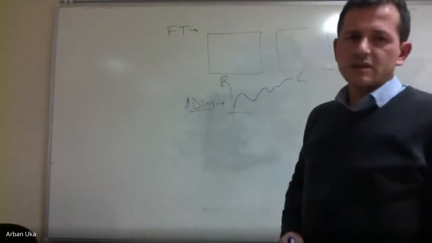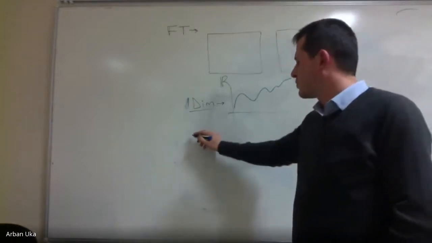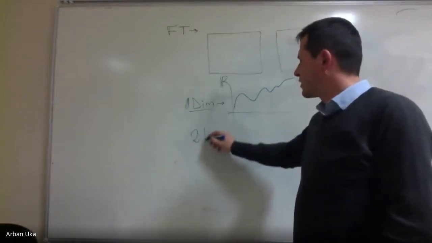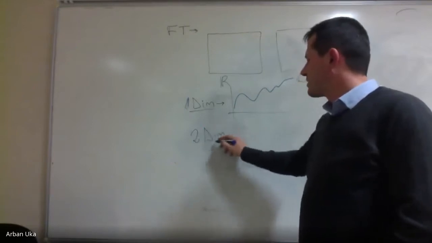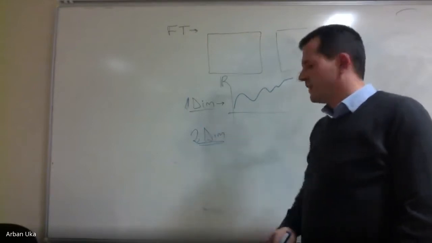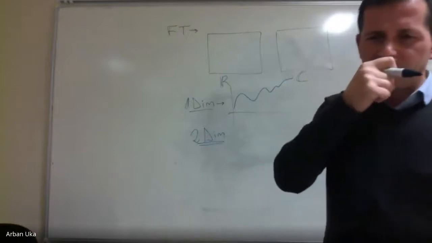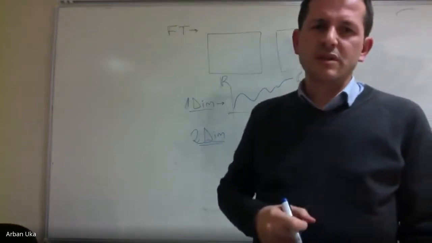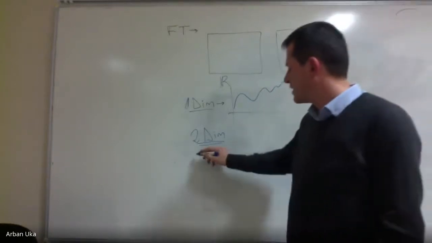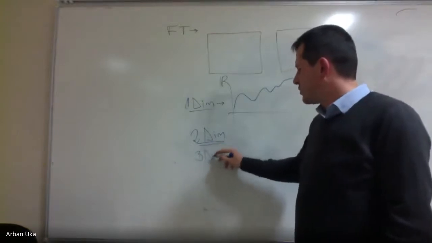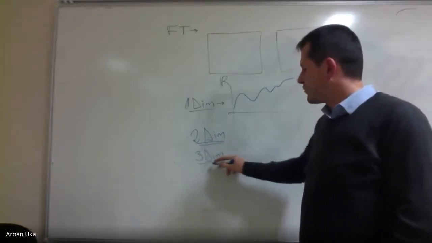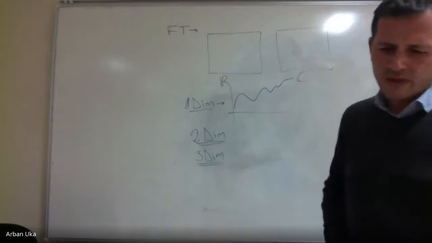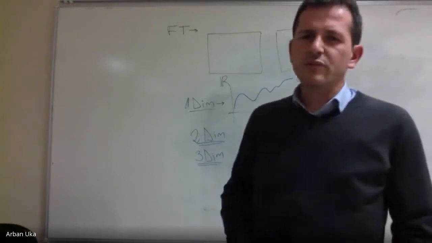In future lectures, we're going to discuss also what the Fourier transform can contribute when we have data sets which are 2-dimensional. And in fact, it can even be applied in 3 dimensions. We can take the Fourier transform of 3D data and obtain important information.